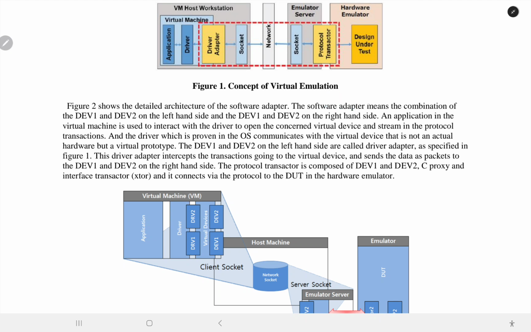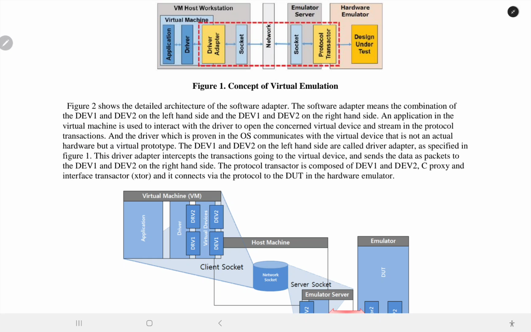The software adapter means the combination of the DEV1 and DEV2 on the left-hand side and DVE1 and DVE2 on the right-hand side. An application in the virtual machine is used for the interaction with the driver to open the concerned virtual device and stream in the protocol transactions.